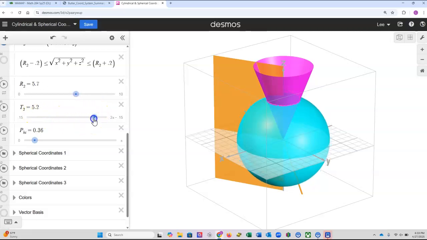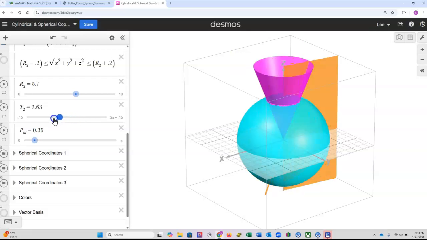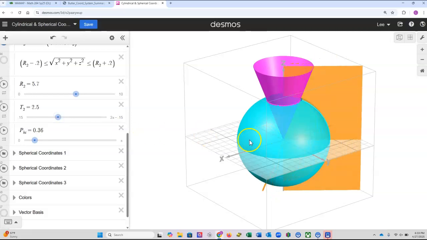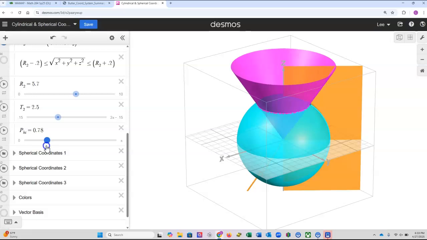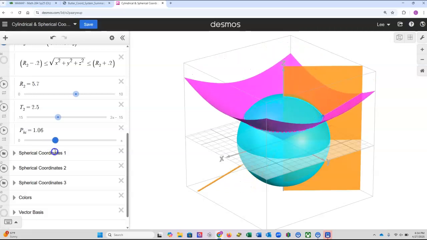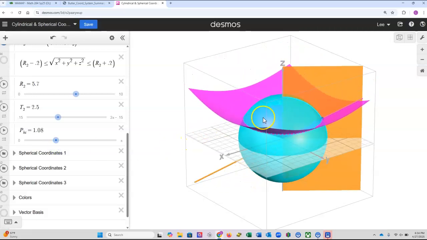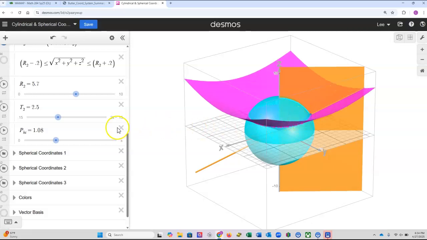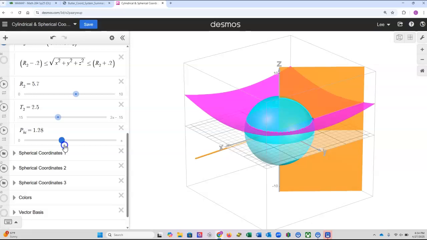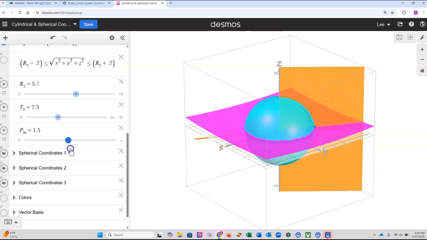The theta is going to do just like what it did before. So it's going to rotate around to different places in the XY plane, but also just going vertically up, it just rotates around that z-axis. And then the phi is going to widen this cone that's right here. If you want to see that cone more, you might have to zoom out, but that is going to be a cone that widens, and flattens once I get to this pi over 2.